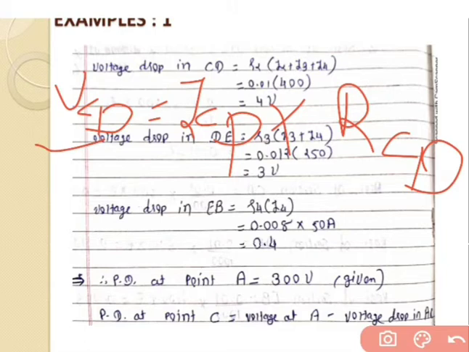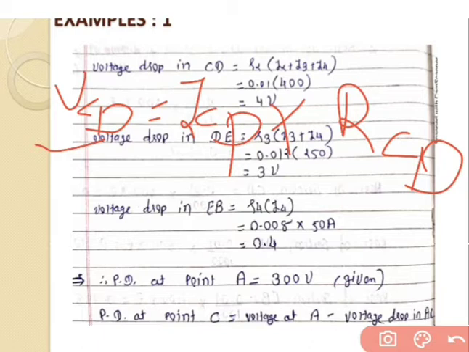Same way, go for the voltage drop in the DE section, equal to R3 into I3 plus I4. R3 is 0.017 and I3 plus I4 is equal to 250, so we get the voltage drop in the DE section equal to 3 volt. And last, the voltage drop in the EB section equals R4 into I4.